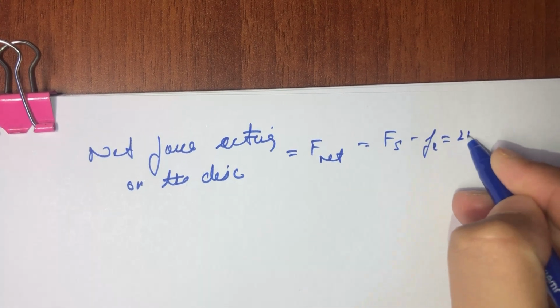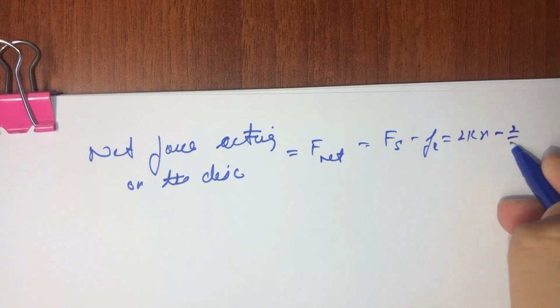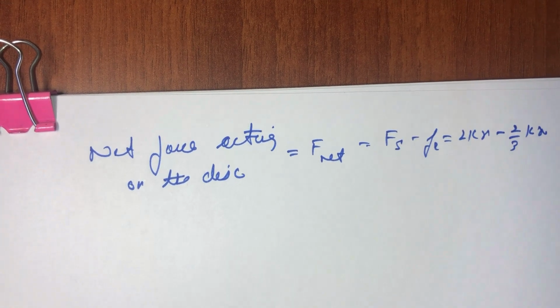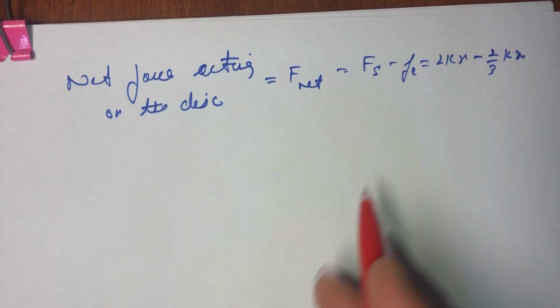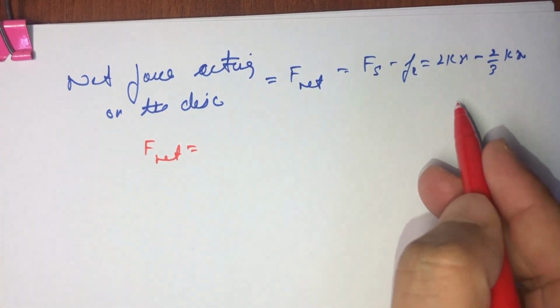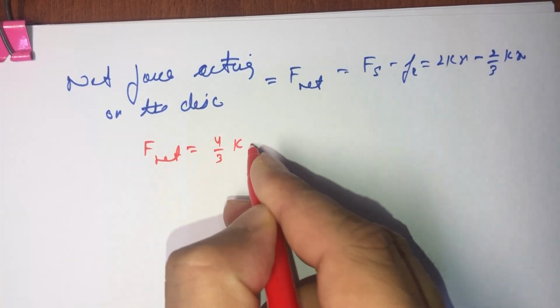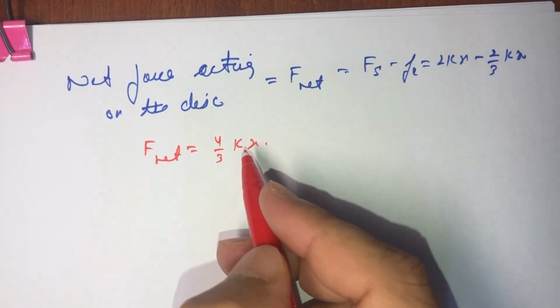Fs is our 2kx, and the frictional force we just found is 2 by 3 kx. So from here we get that F net is equal to 6 minus 2, that is 4 by 3 kx.